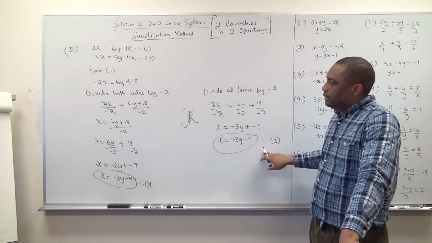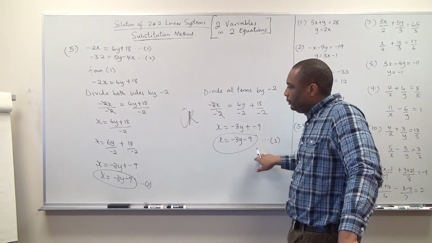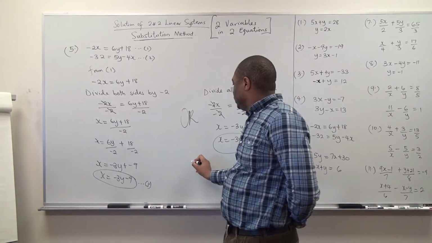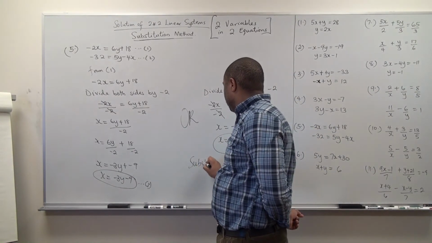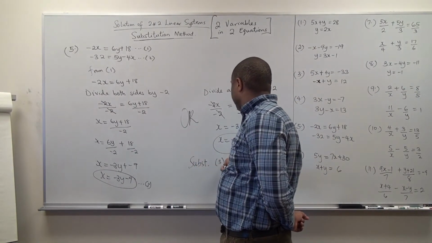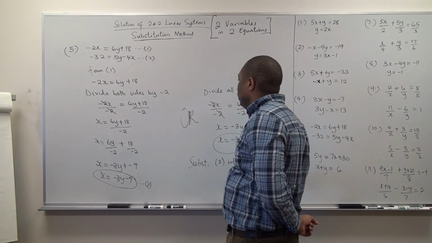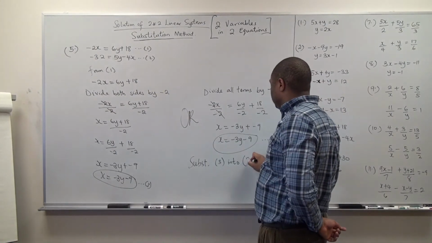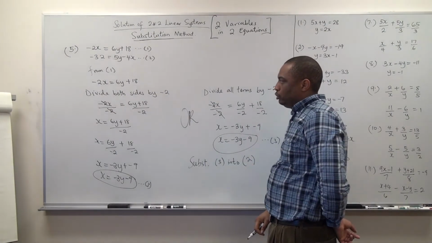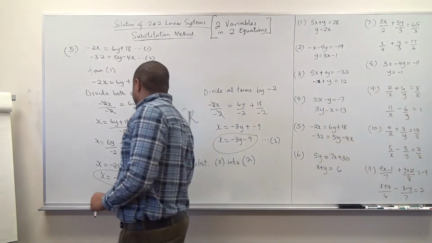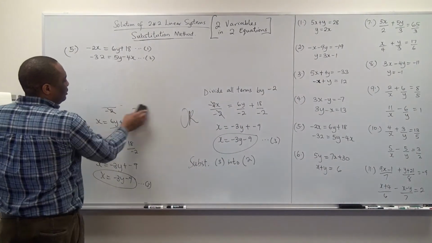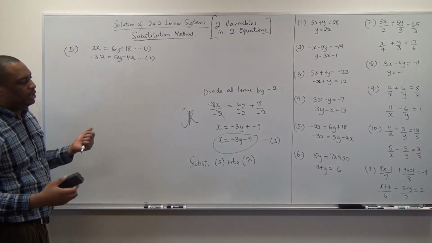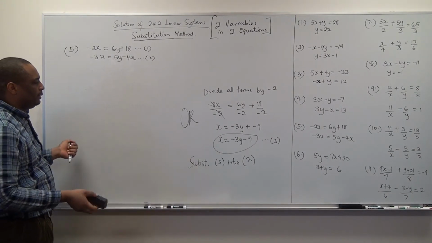So we found x. The next thing, call this equation 3, right? The next thing is to do what? You now substitute equation 3 into equation what? Now we've used 1, so let's use 2. Substitute equation 3 into equation 2. What it means is anytime we see x, we just put -3y minus 9.